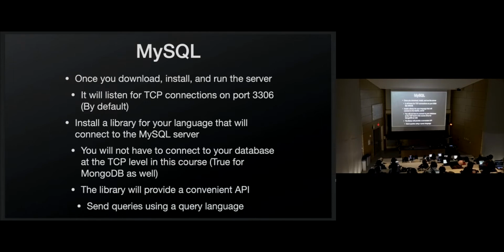So if you don't want to think about that port number, just leave the default. Don't tell the library any port, and it's going to connect to 3306 on whatever host you give. If you're running it on your machine, localhost. You go to localhost 3306. That's where MySQL is listening for TCP connections, and it's listening specifically for SQL queries over that connection. The library, some connection library you download, is going to handle all the TCP stuff.